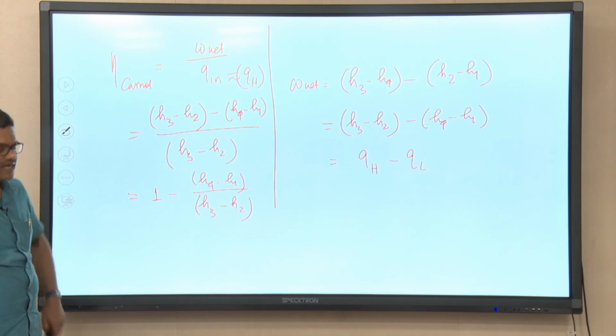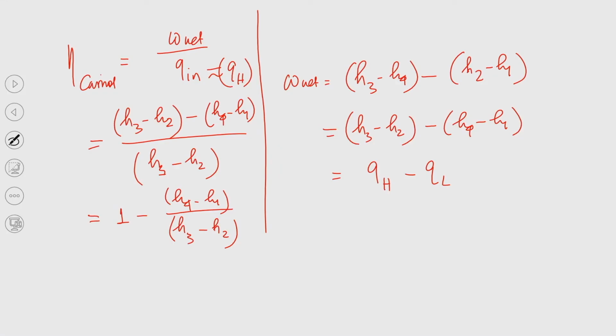So, this is the expression of the Carnot cycle efficiency. Now, you can understand H4 minus H1 is nothing but QL. So, this is 1 minus QL by QH, right.